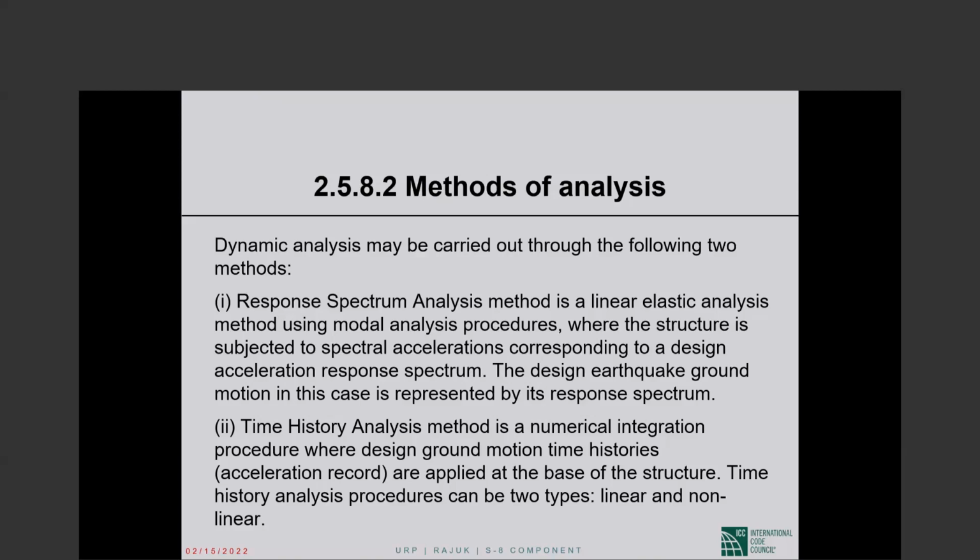And for most important projects today, that is the analysis that forms the basis of design.